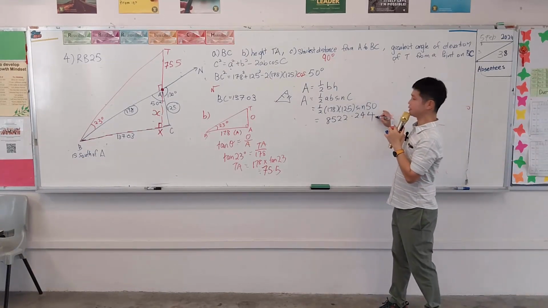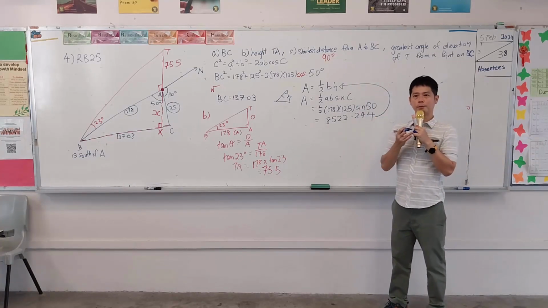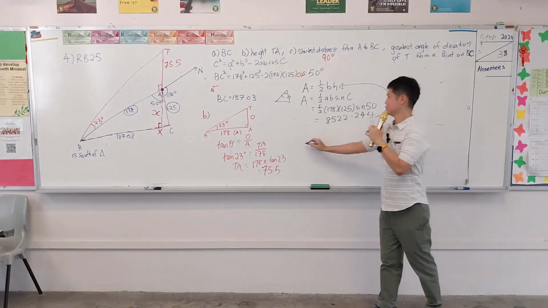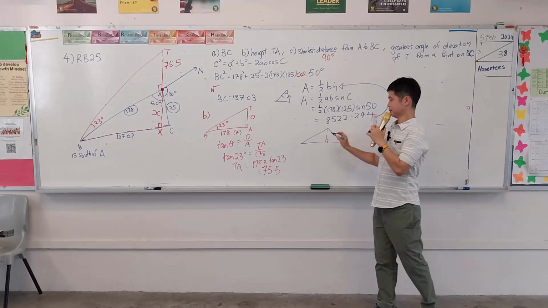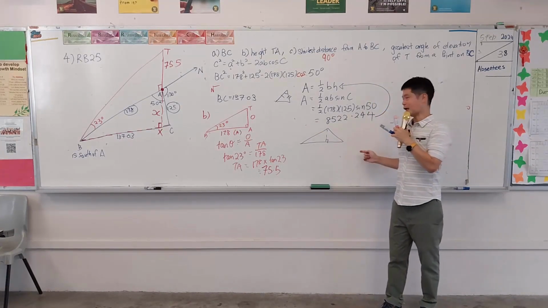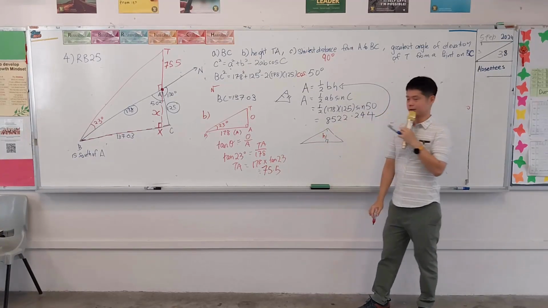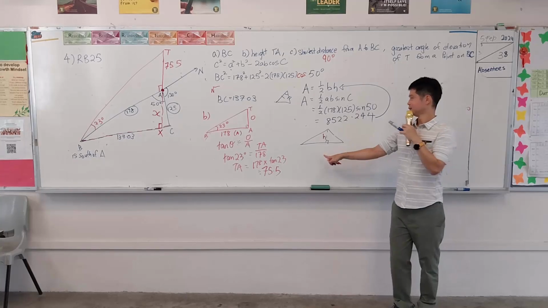So now I will use this number in the basic formula that I learned in primary school, half times base times height. Like that. Half times base times height. Correct?